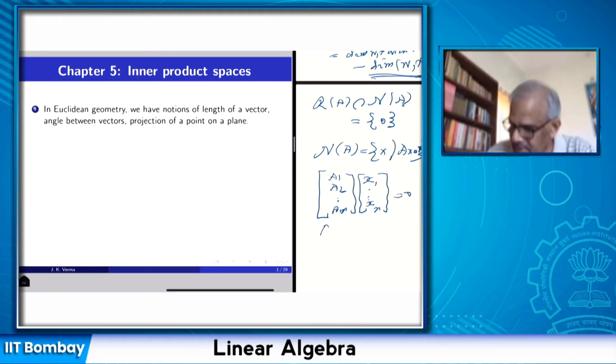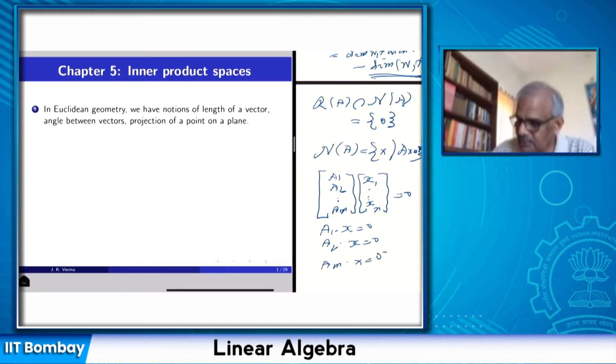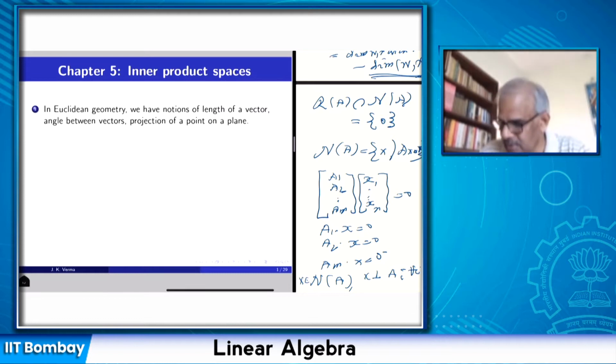So this means that A1 dot x equals 0, A2 dot x equals 0, etc. Therefore, if I take any vector in the null space, then it is perpendicular to every row vector. Is that clear? Every vector in the null space is perpendicular to every vector in the row space.